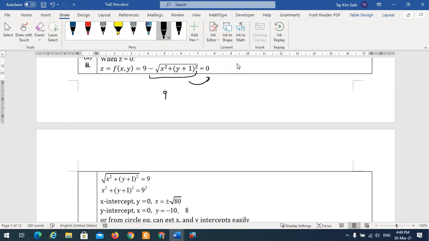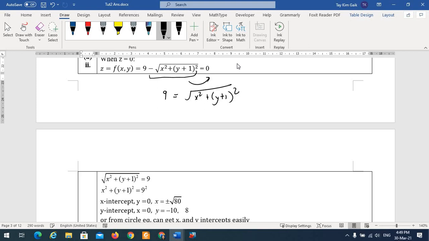So 9 squared equal to x squared plus y plus 1 squared. Take squared at both hand sides.